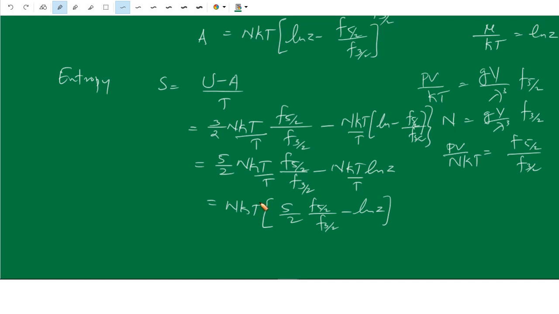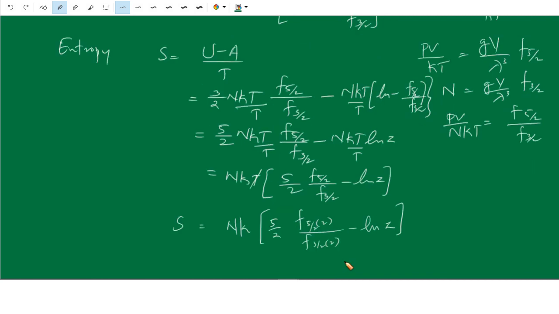Therefore the entropy is equal to Nk into 5 divided by 2 f 5 by 2 of Z divided by f 3 by 2 of Z minus log Z. Okay, so this is the expression of the entropy of the system.